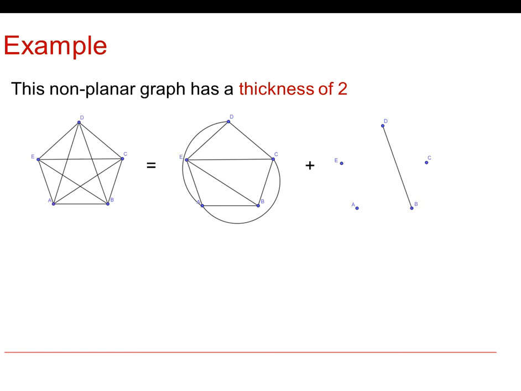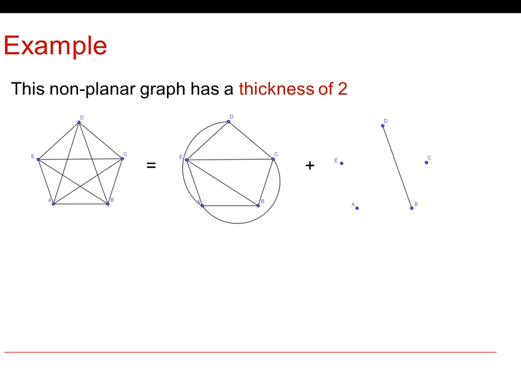Here is K5 that we looked at in previous videos. It's a non-planar graph and it has a thickness of 2. You'll remember that we could draw most of it until we realized that it was non-planar.